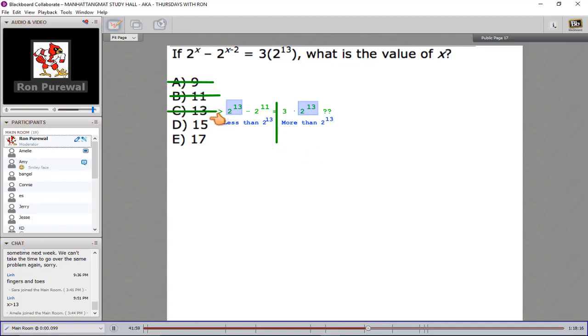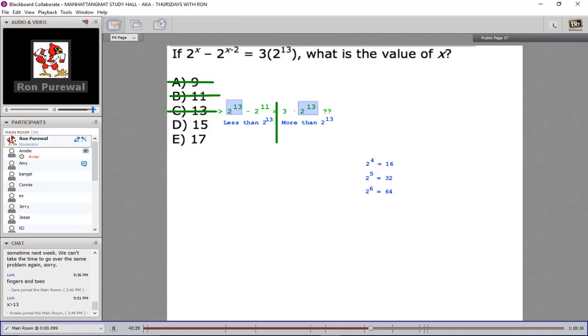Okay, for sure, right? Now, between these two, you can just do arithmetic, because these numbers are not going to be that close to each other. So, 2 to the 4th is 16. 2 to the 5th is 32. 2 to the 6th is 64.